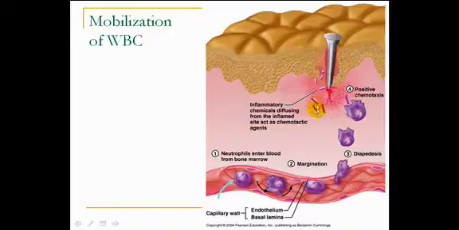Let's say some bacteria came in on that nail, and those bacteria are releasing chemicals and causing inflammation in that area, because the cells are getting damaged. Those chemicals act as what we call chemotaxis, which attracts white blood cells to the area.